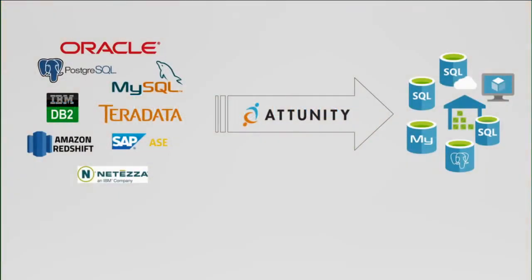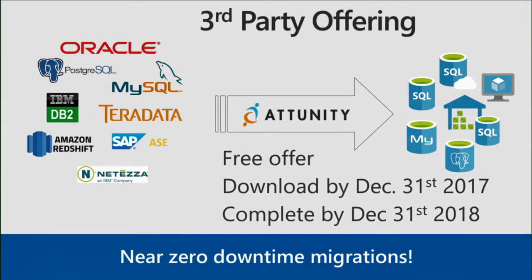Okay, so this one is super important for customers who are ready to migrate today, but either SSMA or DMA is not supporting the source target that you care about. We have a partnership with Attunity.